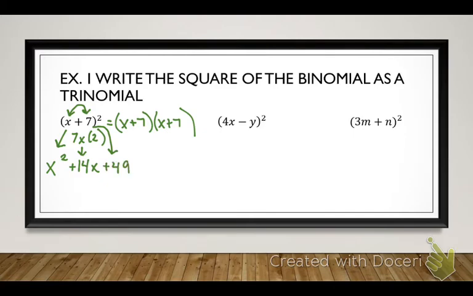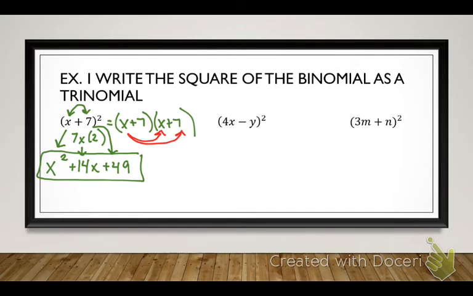Now, I have a lot of extra handwriting here that is very simple to do mental math, so you're not going to necessarily have to write all of this, but I want to show you what's happening here. What if you had done FOIL? What's x times x if I multiply my first terms? X squared. What happens when I multiply my outside terms?